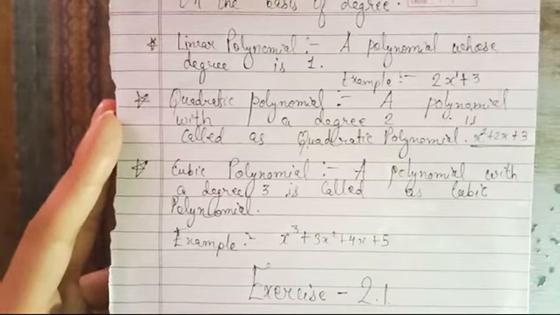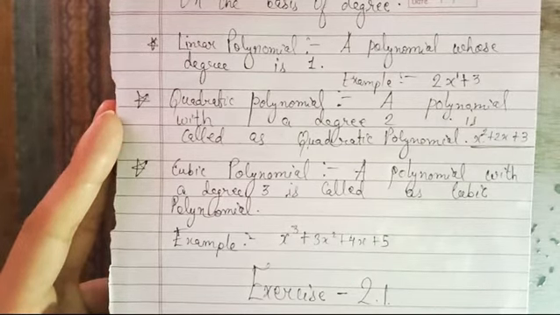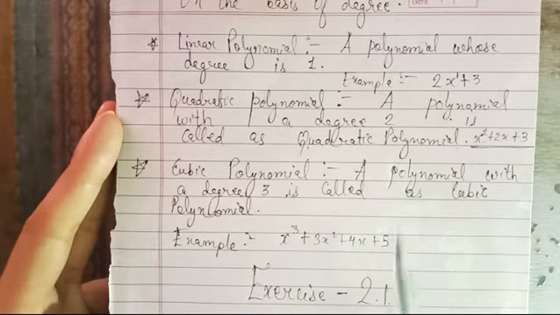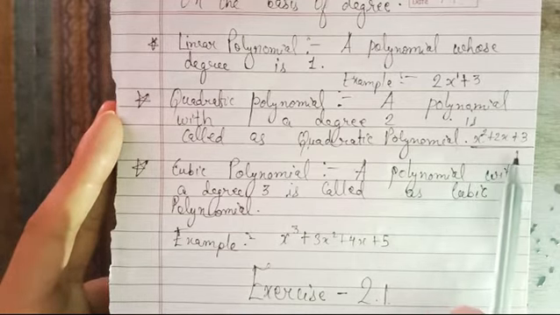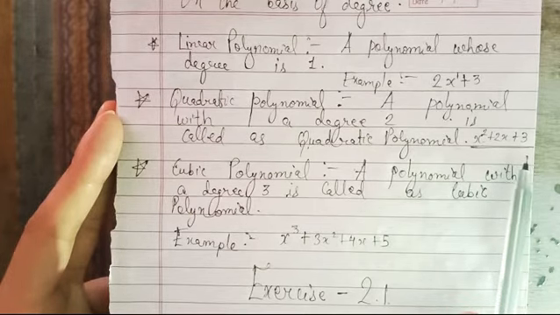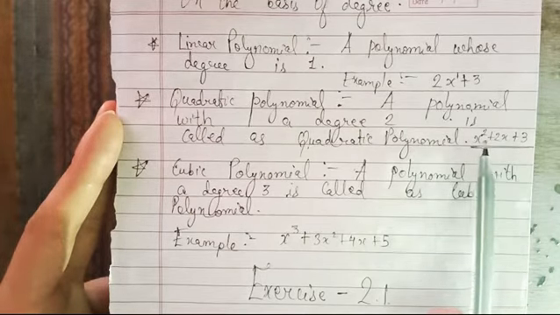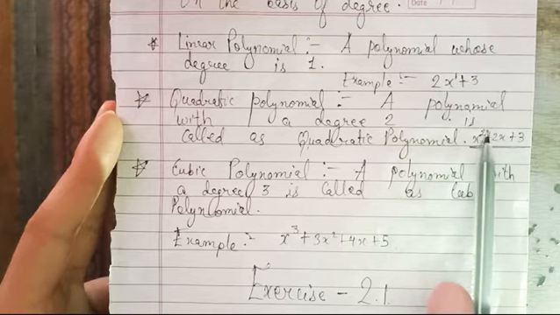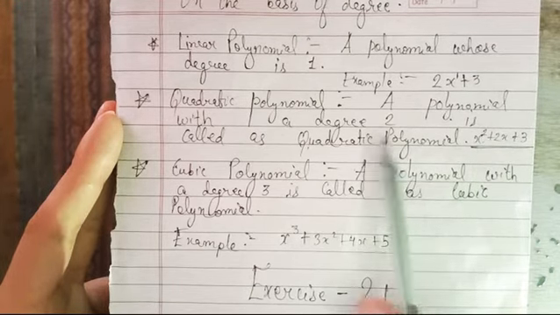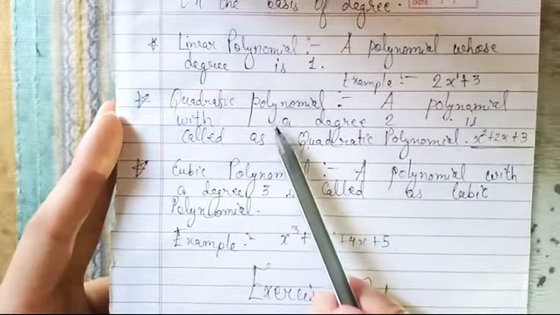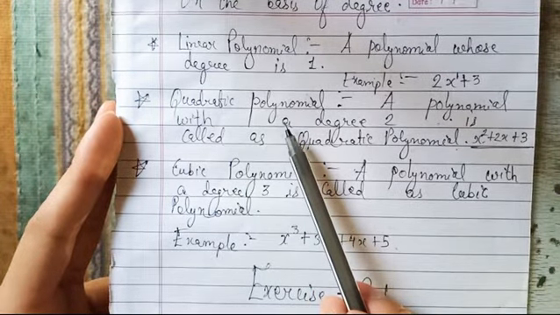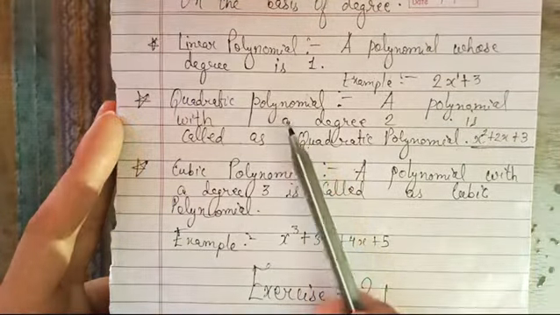Quadratic polynomial. A polynomial with degree 2 is called a quadratic polynomial. For example, x square plus 2x plus 5, and we have degree 2, that means the highest exponent is 2. So it is called a quadratic polynomial.